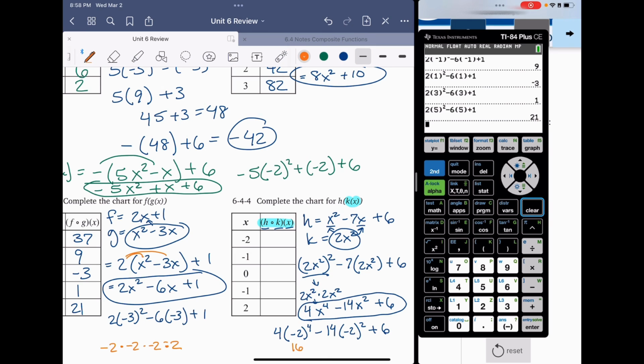So 16 times 4 is 64. Let's double check that. 16 times 4, yep, 64. And then minus 14 times negative 2 squared. Negative 2 squared is 4. So 14 times 4 is 56. So let's just write 56 there instead.